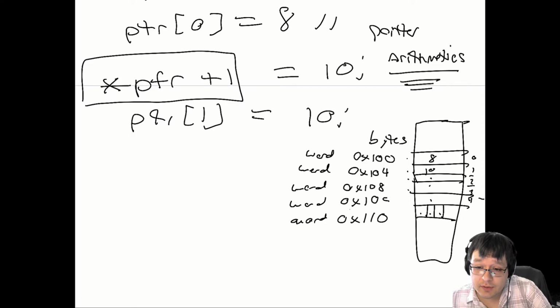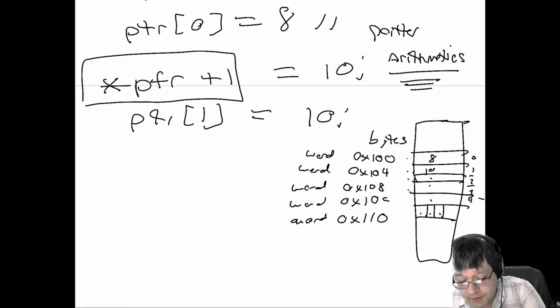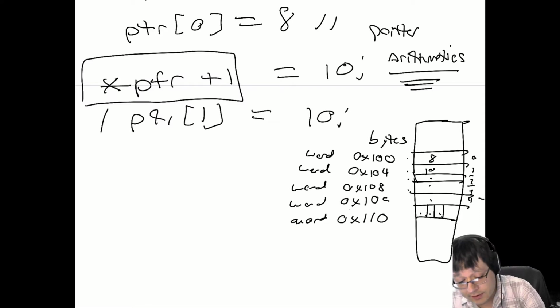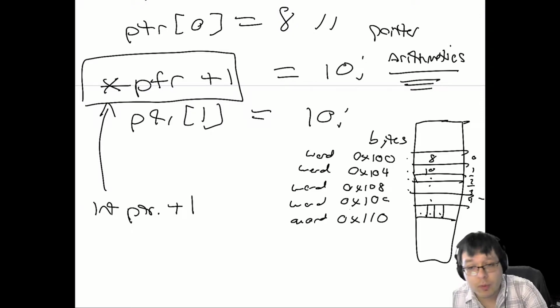The other thing is when you do the pointer arithmetic here, you're saying +1. This +1 is not just increasing it by 1,000 square feet, or in this case by 1 byte. No, it's increasing it by the size of the type of the pointer. So because this is an integer pointer, when you're saying an integer pointer +1, what we're really saying is you have to increase it by the same size of this.